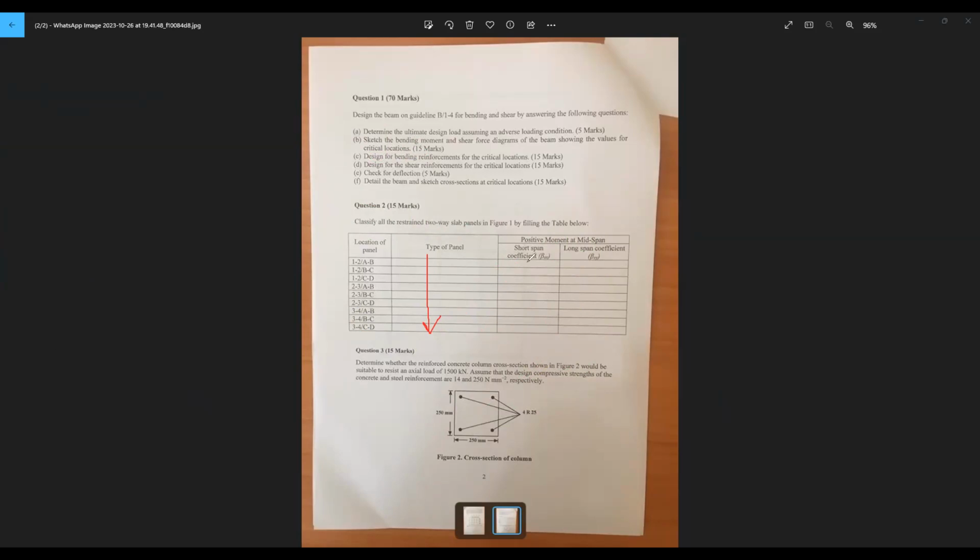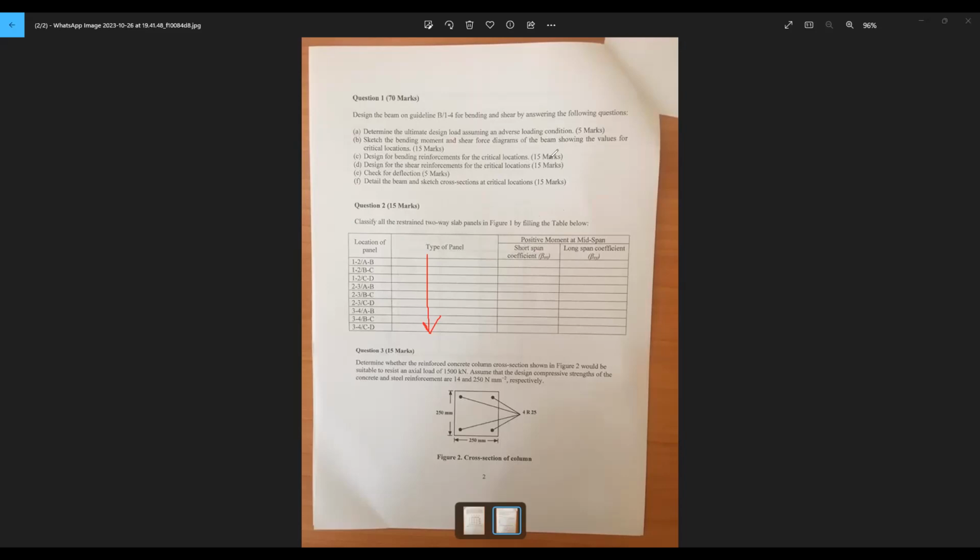Let's move on to the positive moments at midspan. Have the short span coefficient BSX, the long span coefficient. So what do they mean by this positive moment at midspan? Let's get back to our code.